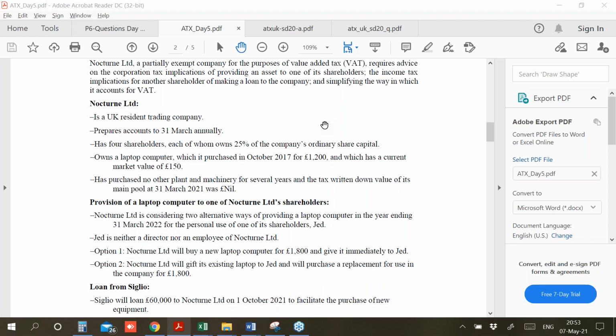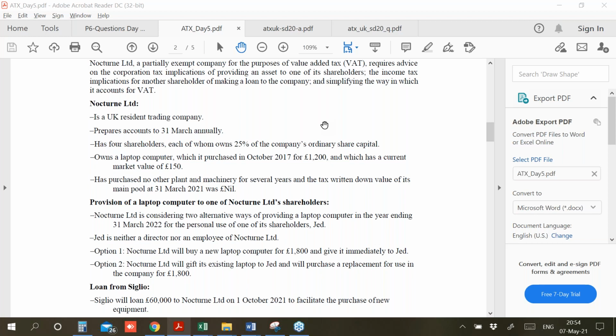For the shareholder, it will be treated as a distribution of profit, which means a dividend, and he may have to pay tax on that. However, as he is not an employee of the company, he will not have to pay class 1A NIC on that, because if he had been an employee and the company provided him this laptop, the company would also have had to pay class 1A NIC at 13.8%.